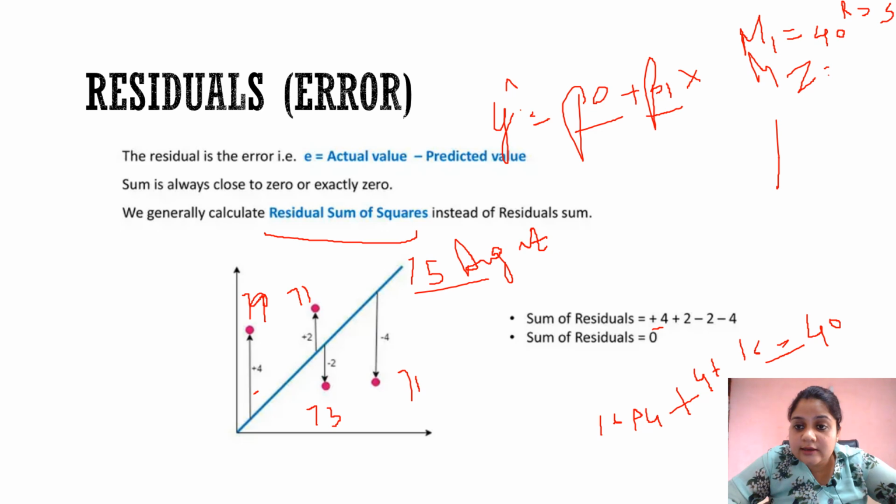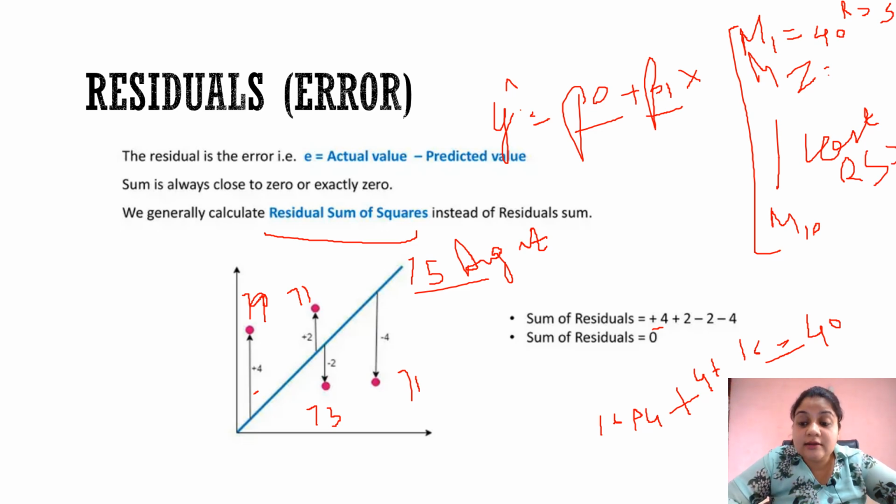Let's say we compute 10 models. Out of these 10 models, the model which has the least value of RSS, the residual sum of squares, is the best fit line.